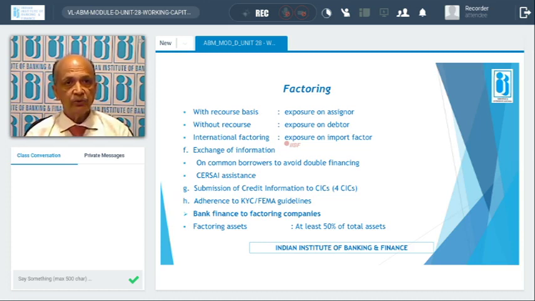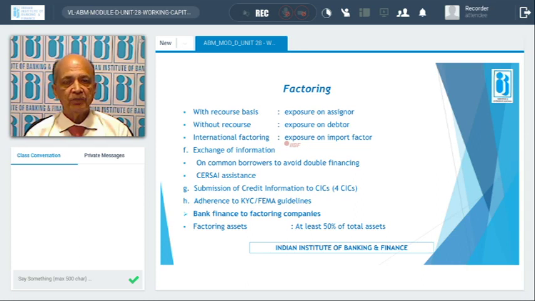If some other banks are also involved, the information should be shared with them so that it will prevent double financing, that is, taking a facility from one bank as also the same facility from another bank. That should be avoided. Then this data, everything, will be furnished to the credit information companies, of which there are four approved by RBI. We already talked a little bit about that in part 2.